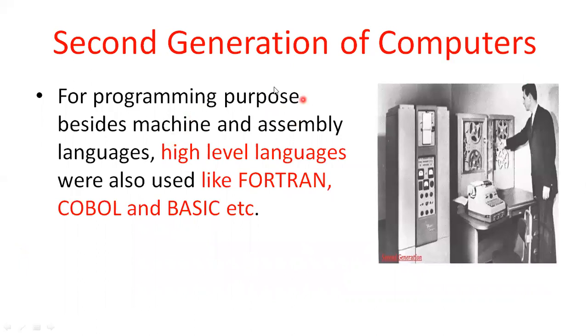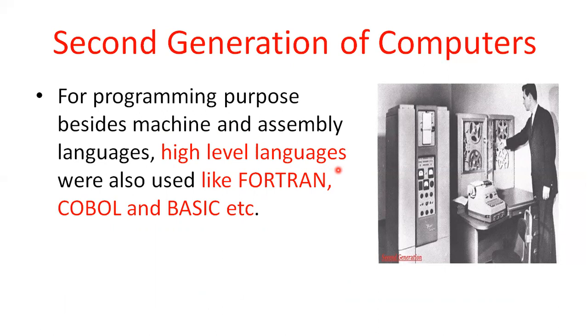And then for programming purposes, now advanced concepts are there. High level languages were used for programming. Besides machine level language and assembly level language, you will use a high level programming language. What is a high level programming language? A high level programming language is a human understandable language.